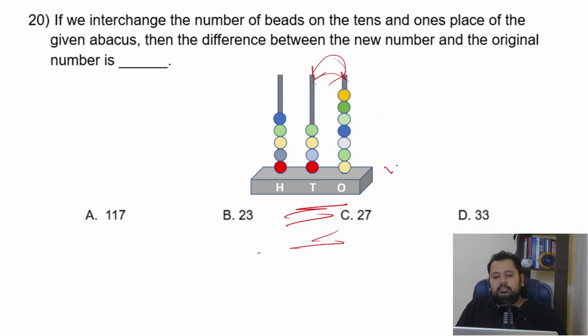So first find out the number given in the abacus. Then there will be another abacus where the tens and ones numbers will be exchanged. Find that number and then do a simple subtraction. Pause the video, solve it first, and then look at the solution.